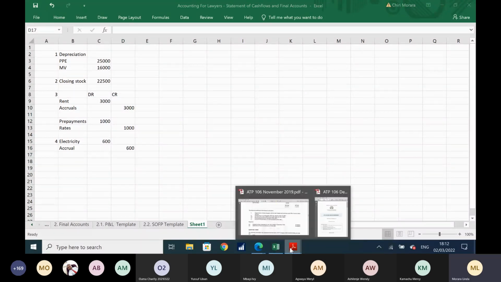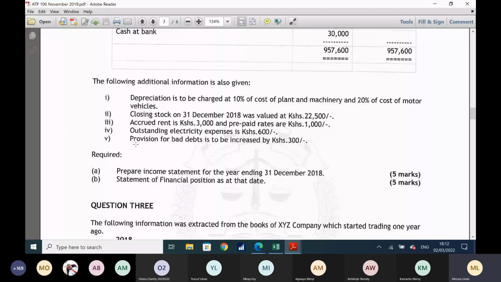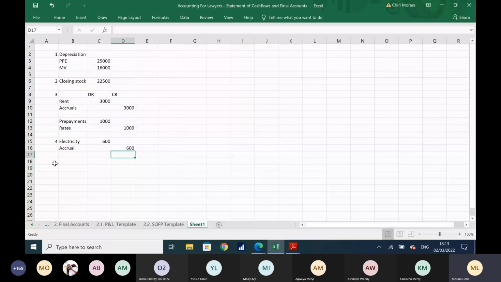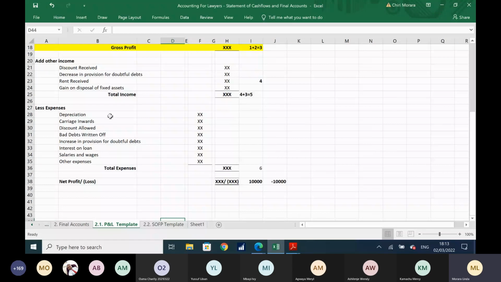And finally our provision for bad debts is to be increased by 300, right? So there should be an increase, number 5. There should be an increase in our provision for doubtful debts. Let me just copy that, which is an expense.